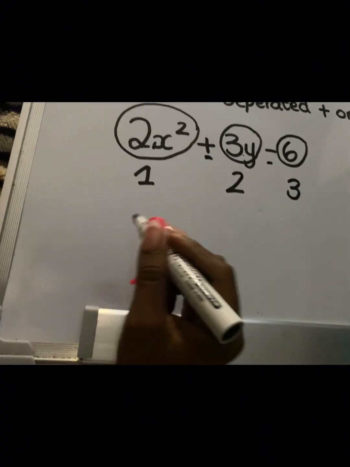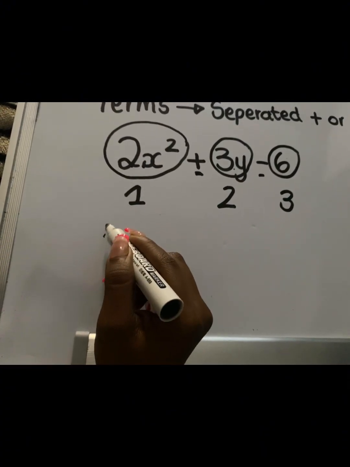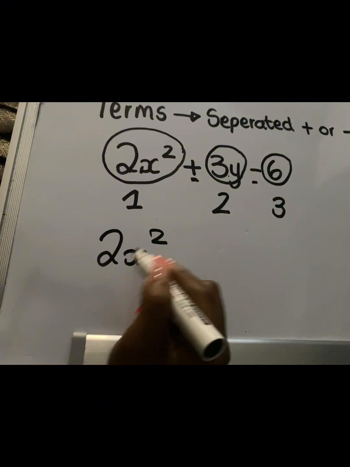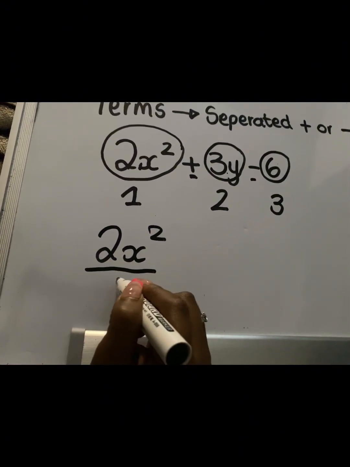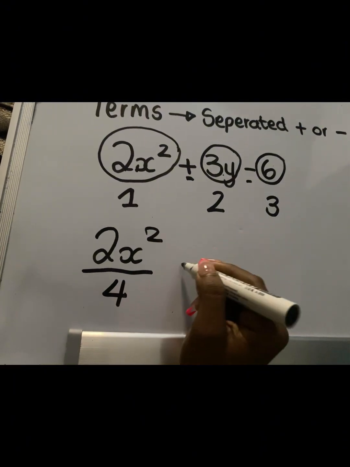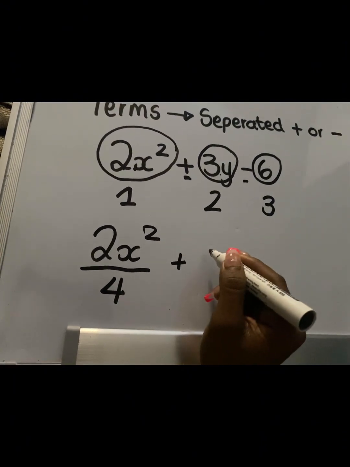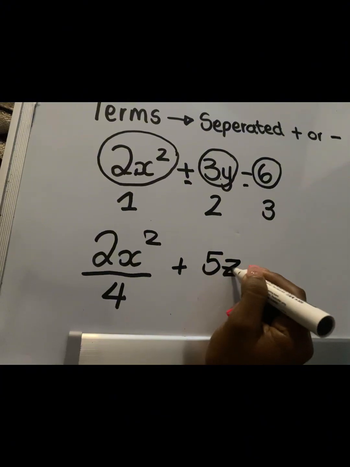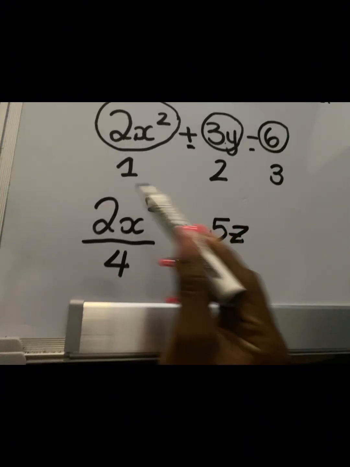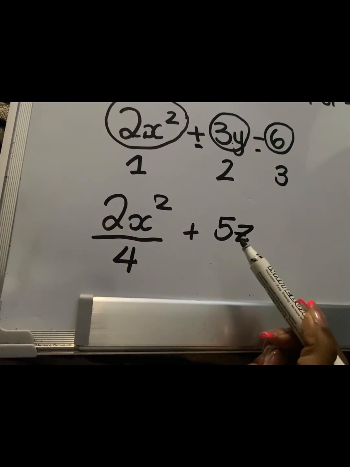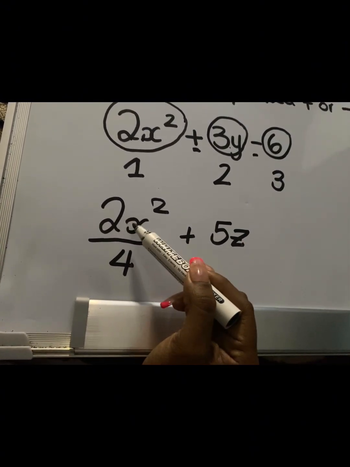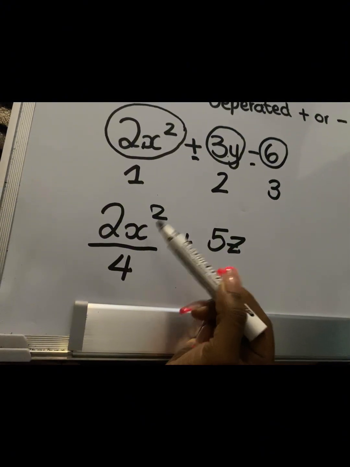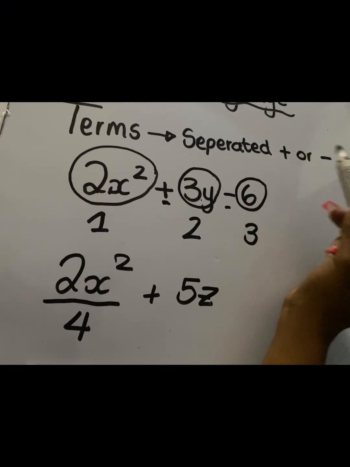Right. Let's look at this one. Here we have 2x squared over 4, plus 5z. When we look at this, we have 2 terms. Now, 2x squared over 4 is one term. Remember I said that terms are separated by a plus or a minus.